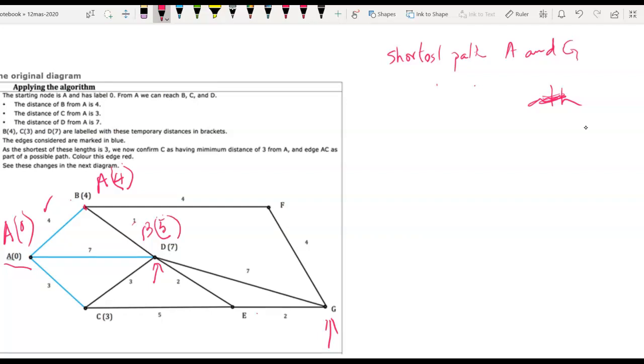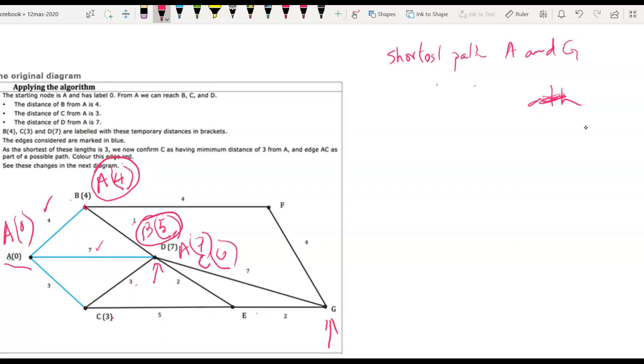We can come from A, and the distance will be 7. 7 came from there. Also, we can come from C, and the total distance will be 3 plus 3, which is 6. Now, what we are going to do: out of these 3, this is the minimum one, we circle it and mark it.